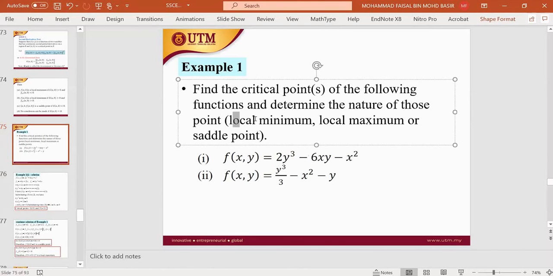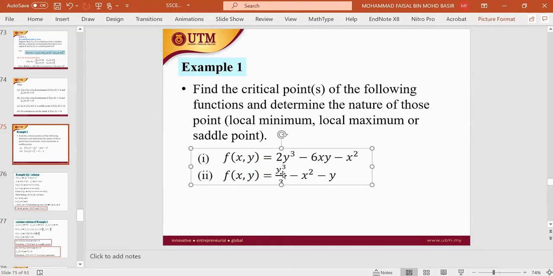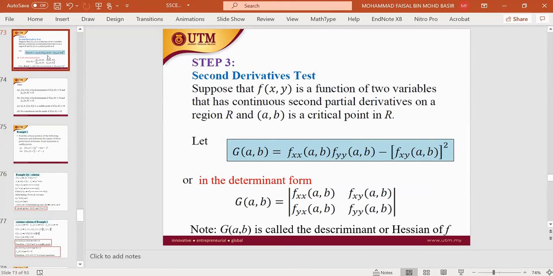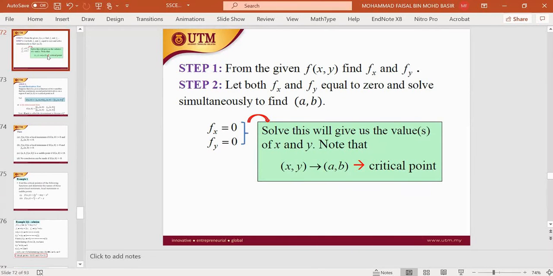We say local because there might be more than one. We try here. So first, what do we have to do? At the first step, as I told you, step 1, you have to find fx and fy. Step 2, equate them to 0 and solve the simultaneous equations.